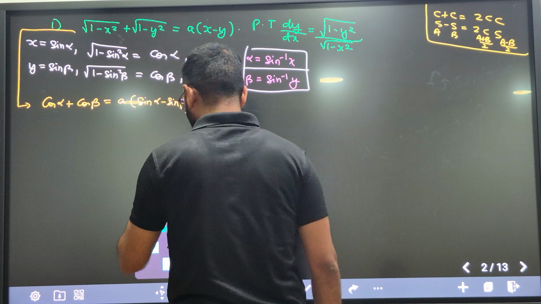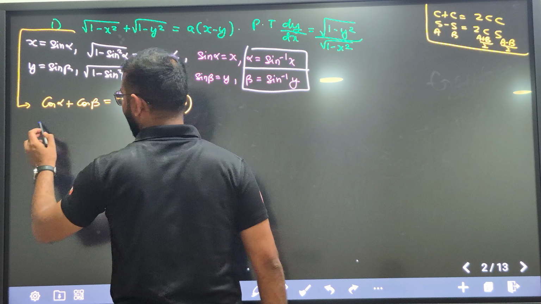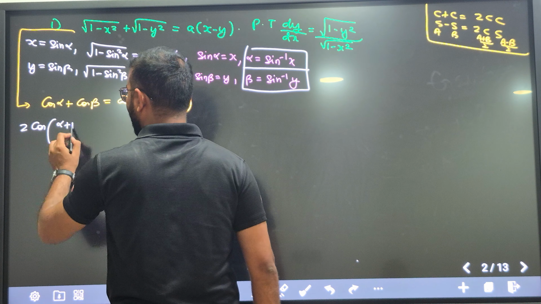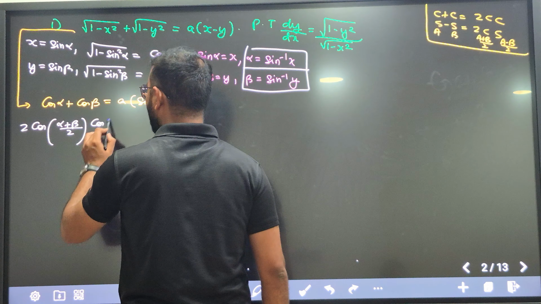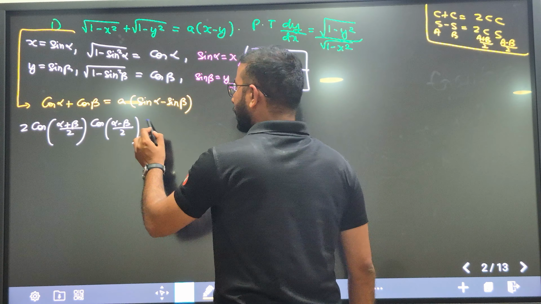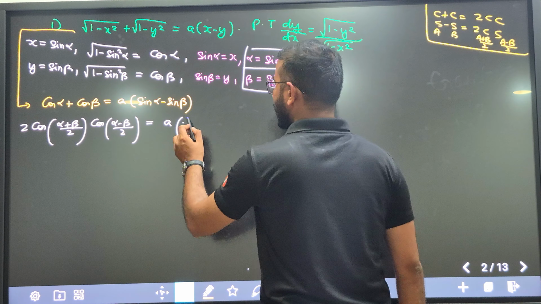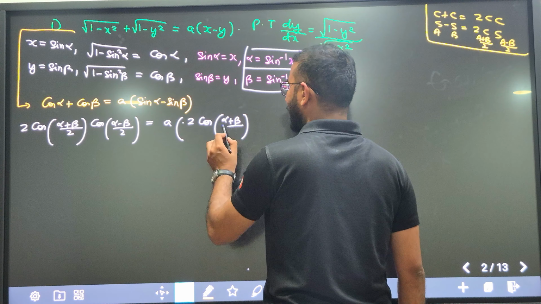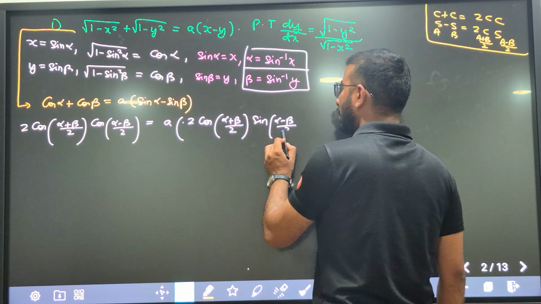Using this, cos alpha plus cos beta, as we have written there, is 2 into cos alpha plus beta by 2 into cos alpha minus beta by 2 is equal to a into sin minus sin. Sin minus sin is 2 into cos alpha plus beta by 2 into sin alpha minus beta by 2.